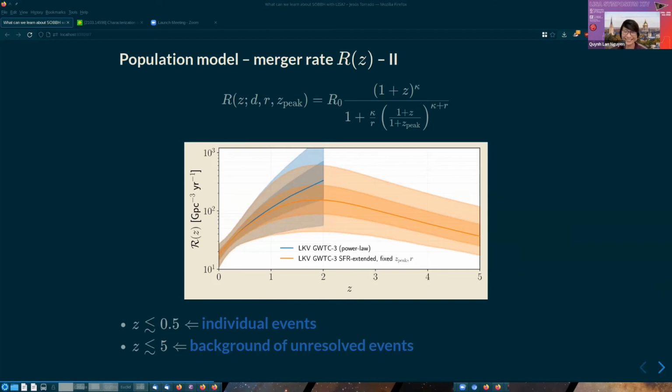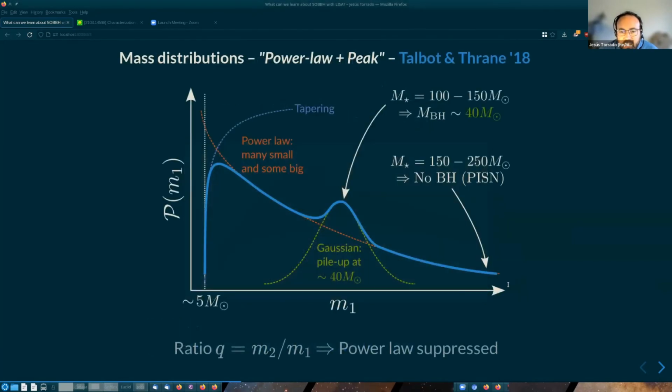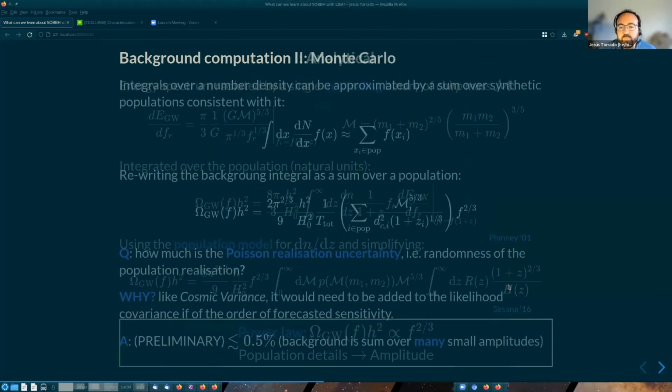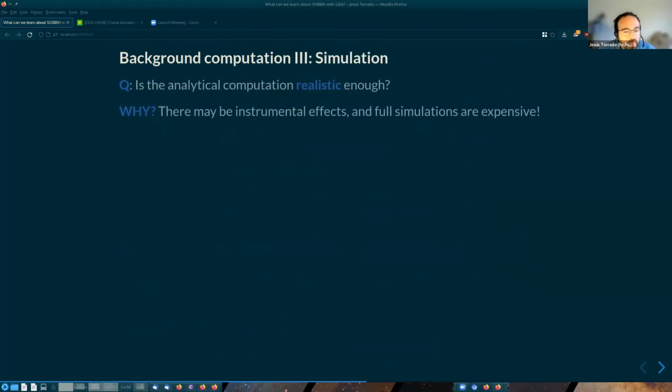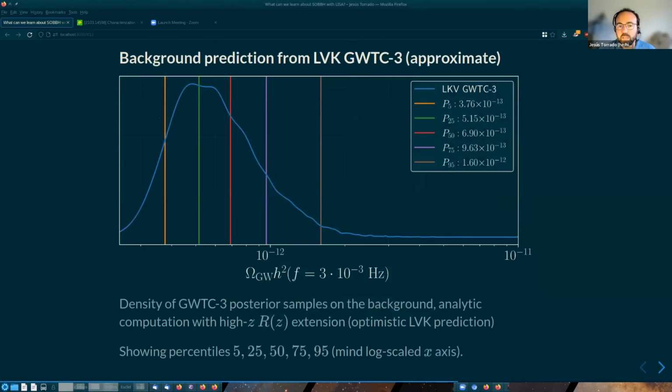Yes, thank you. So the answer is obviously yes, but how much is the issue. LISA alone wouldn't have a lot of constraining power on a model for stellar origin binary black holes, because if we are talking about measuring the background, we have a lot of precision, but we only have one number.